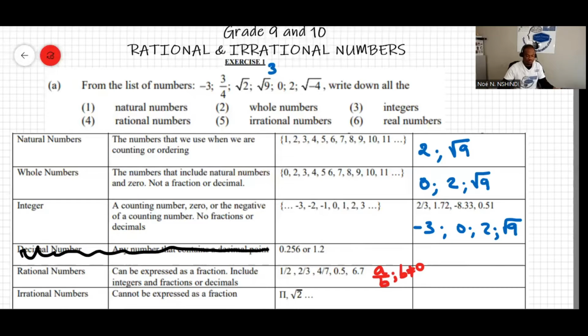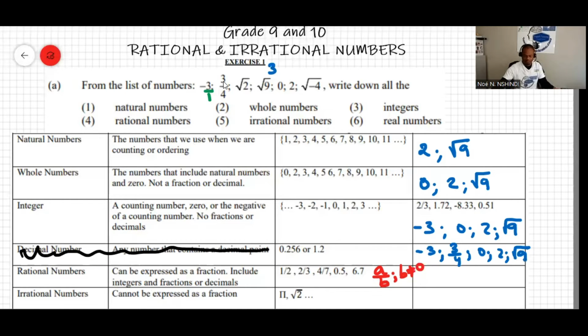Yes, it is, because it is of the form A over B, it can be -3 over 1. So I'll say here -3, because it can be written in the form A over B, and then I can take 3/4, and then 0, and then 2, and then root 9. They're all rational numbers.